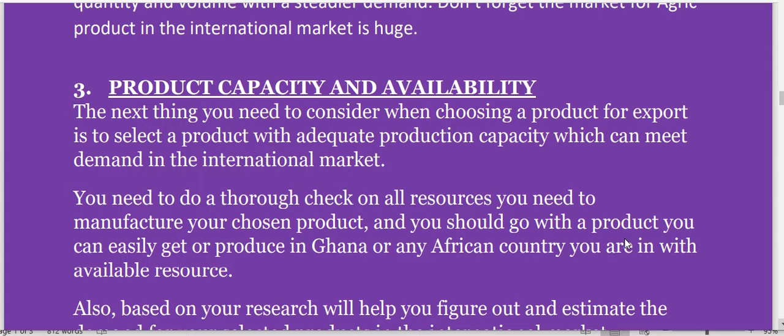So you need to get a product that has adequate product capacity, which can meet demands in the international market.